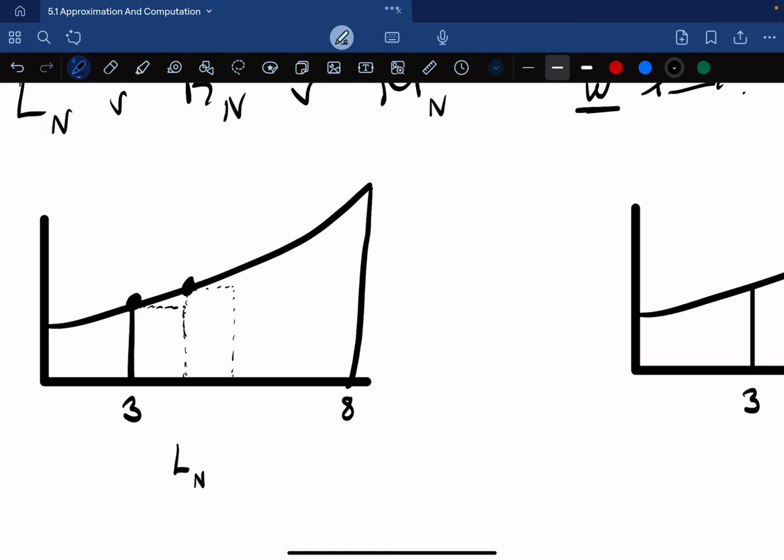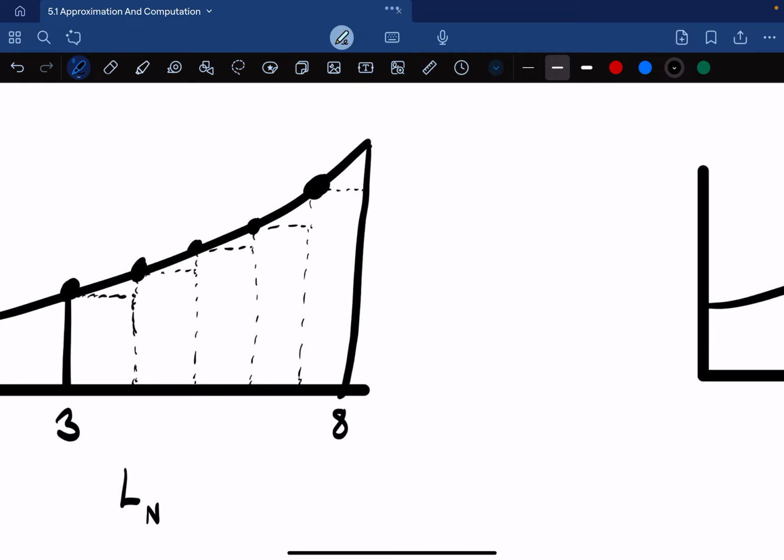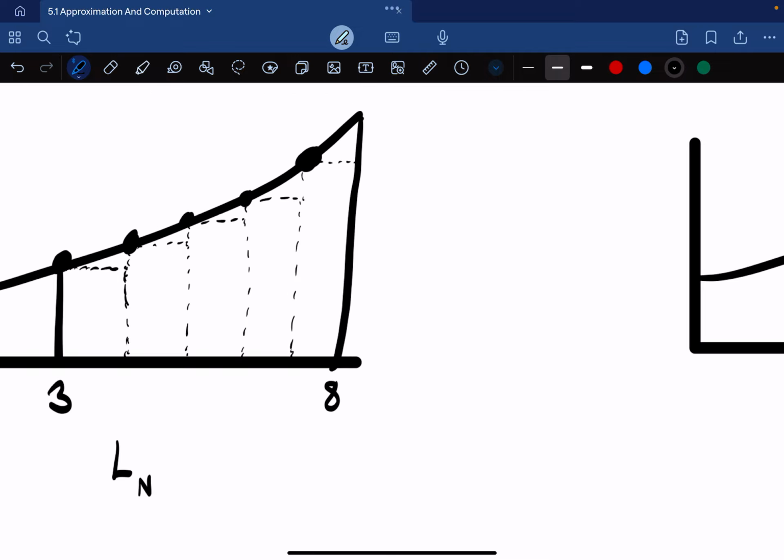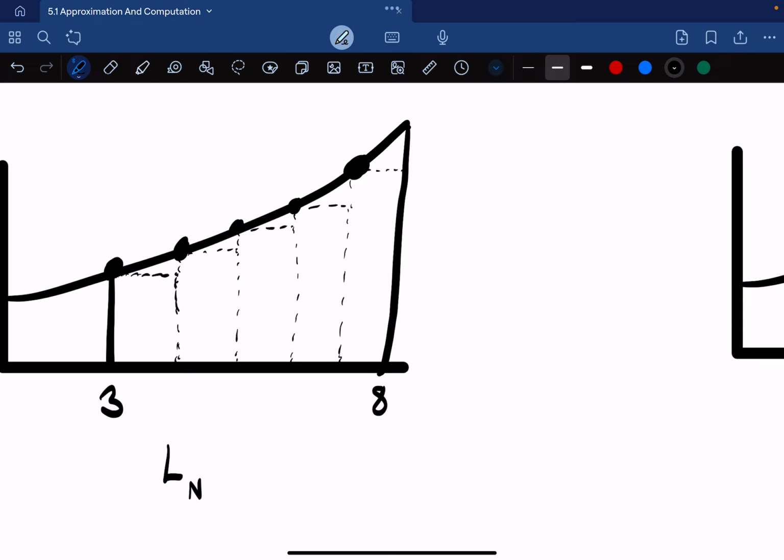So technically, the other parts may also touch the graph, but the only point that we care about is the left point, the very most left point of each rectangle.